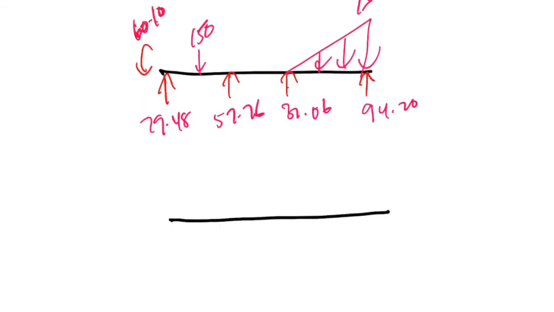Start with 0, go up 79.48, straight minus 150. So it is 79.48 minus 150 plus 57.76.